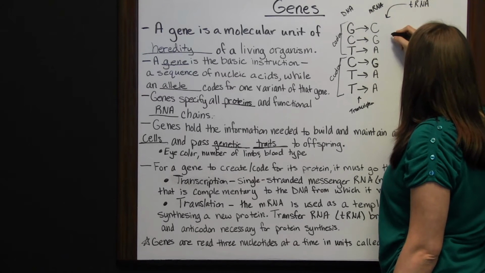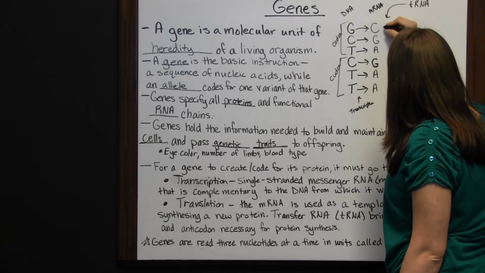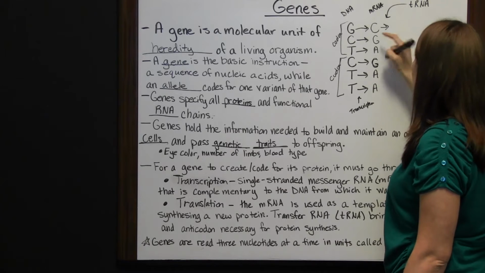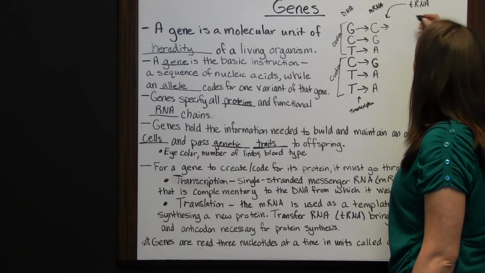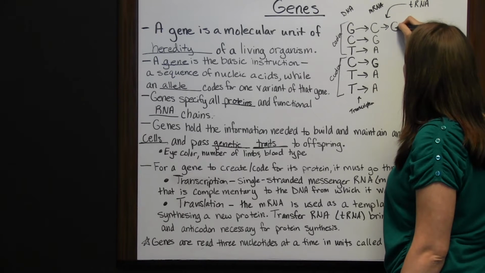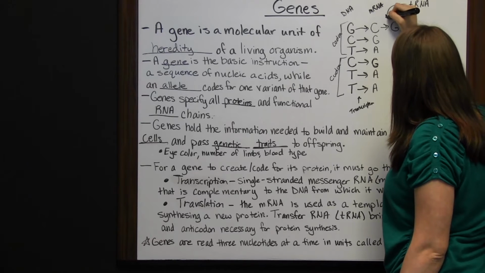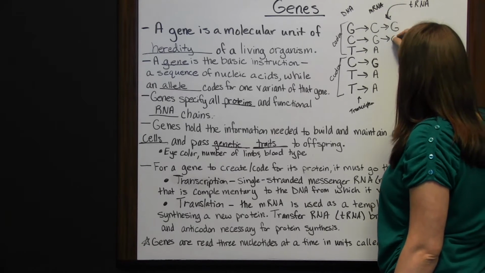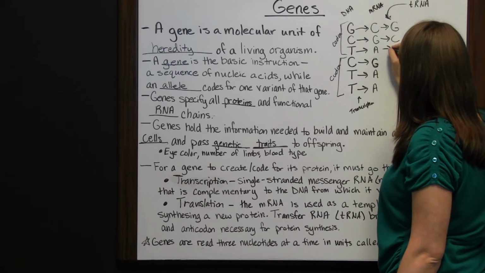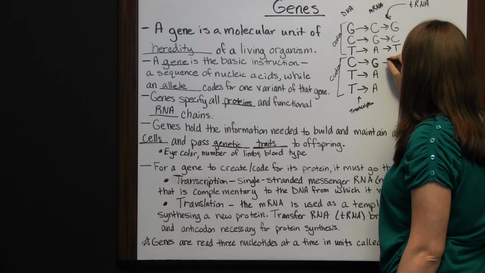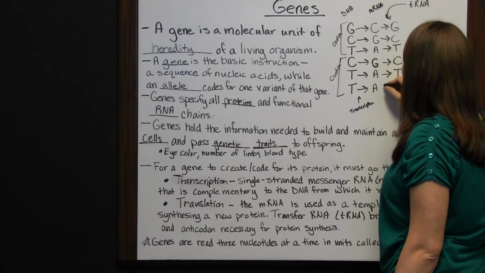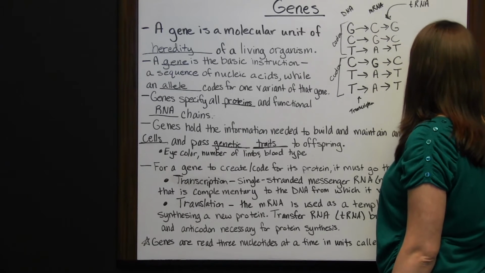And so now the transfer RNA is going to come in, and it's going to bring what we need. So it's going to say, okay, we had cytosine, so now we need the guanine. I guess we should really point this way. And then it's going to bring cytosine back to pair with the guanine, thymine back to pair with adenine, cytosine back to pair with guanine, thymine to pair with adenine, and thymine to pair with adenine.